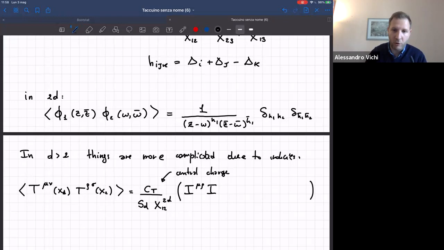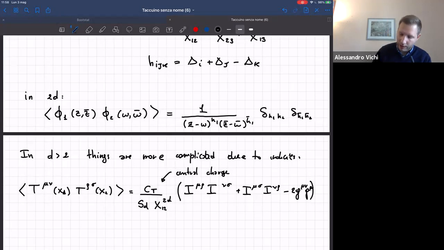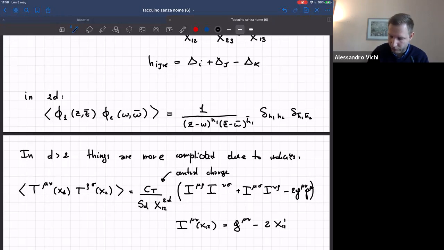It's just a combination of tensors that are completely fixed, and they have to be symmetrized, and you have to subtract traces. And this object here, which depends on x12 also, is simply the metric minus twice x12 mu x12 nu divided by x12 modulus square.